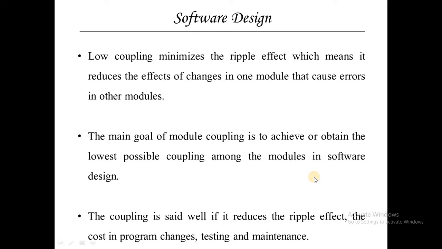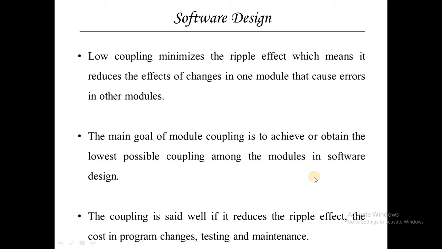So we cannot avoid the coupling, but to some extent we can try to minimize it. We can't say we can avoid coupling. There will be coupling, but we can obtain the lowest possible coupling.